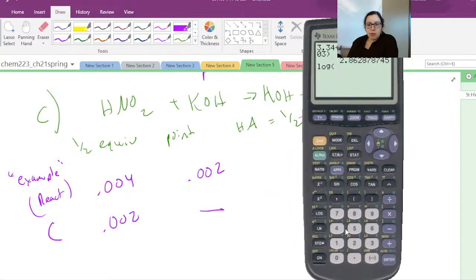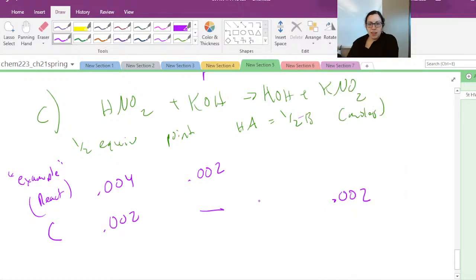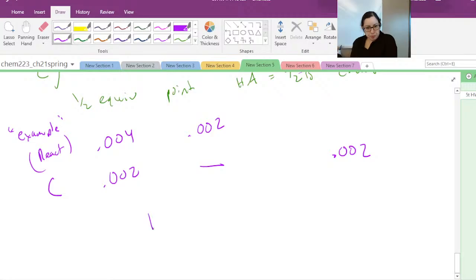And then, by definition, what is the log of 1? If they're always going to be equal, log of 1 is 0. So now we're back at our definition. So again, we could now prove this. So pKa plus my log base over acid.